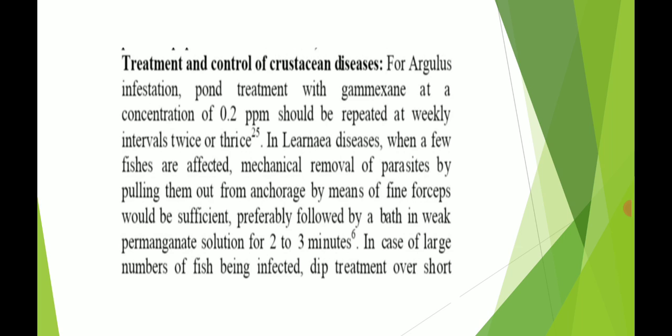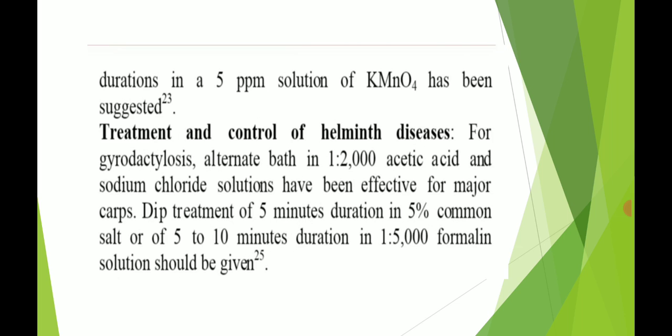In Lernaea diseases, when a few fishes are affected, mechanical removal of the parasites by pulling them out with a fine forceps should be sufficient, preferably followed by a bath in a weak permanganate solution for 2 to 3 minutes. In case of a large number of fish being infected, dip treatment over short durations in a 5 ppm solution of KMnO4 has been suggested.